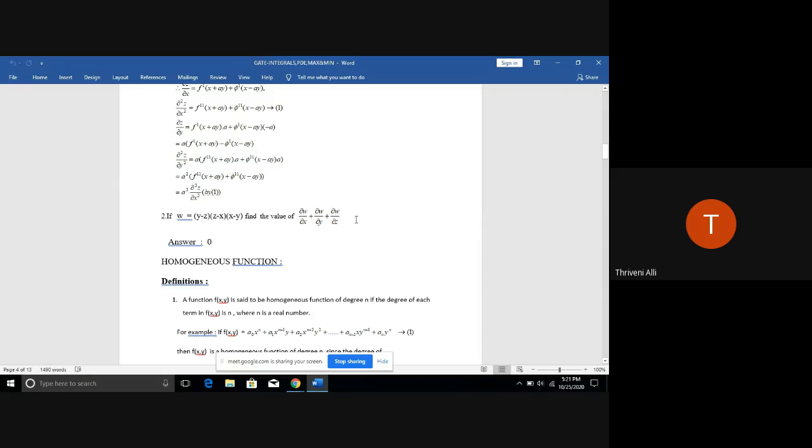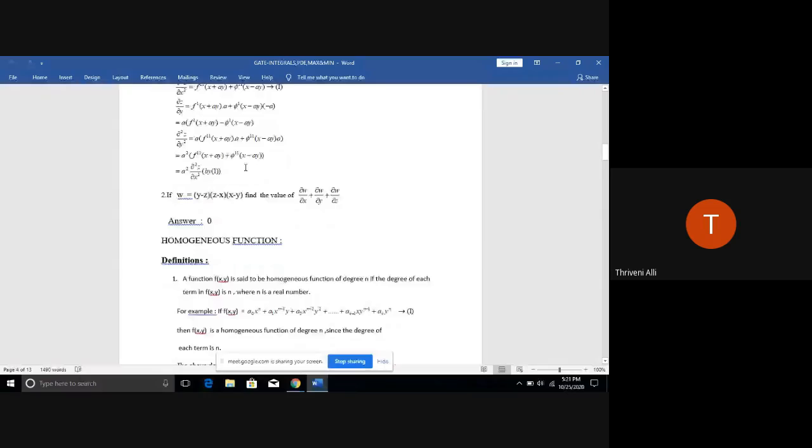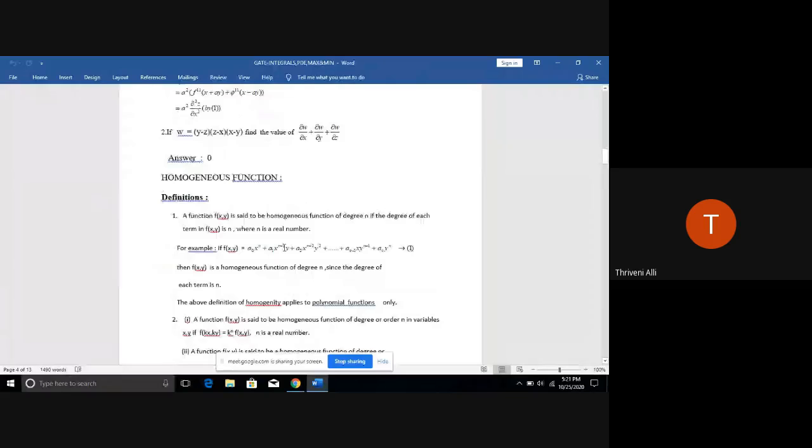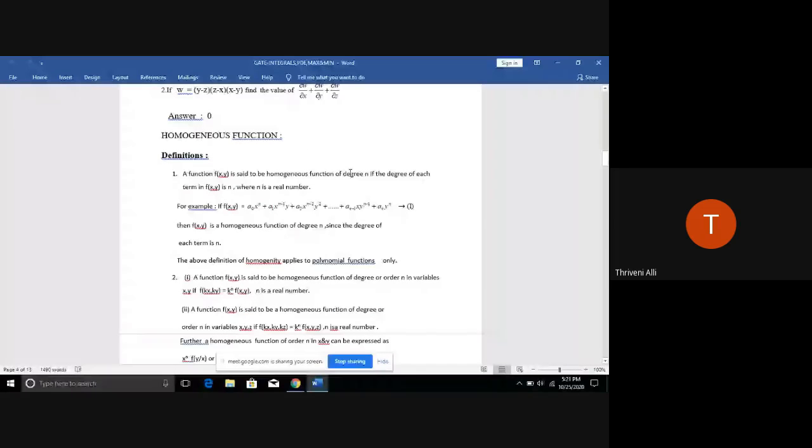So this is the basics of PDE, and in this, homogeneous function will also be there. So what is meant by homogeneous function? So let's see here. So f of x comma y equal to a naught x power n plus a1 x power n minus 1 y plus a2 and so on, y power n.